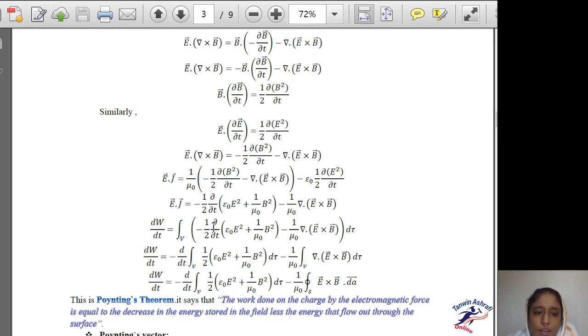Now, when the partial derivative is taken outside of the integration, it becomes a full derivative.